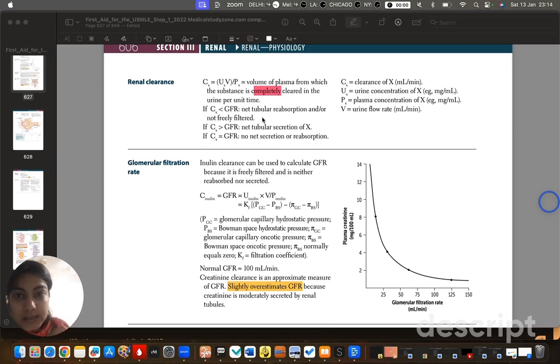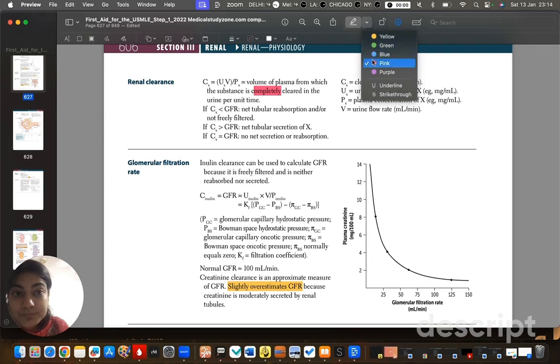If the substance that is cleared is less than the amount that is filtered, obviously that means it's not fully filtered, or there is some kind of reabsorption. That means all of it is getting filtered, but some of it is being brought back into the body, so that is when your substance clearance is less than GFR.